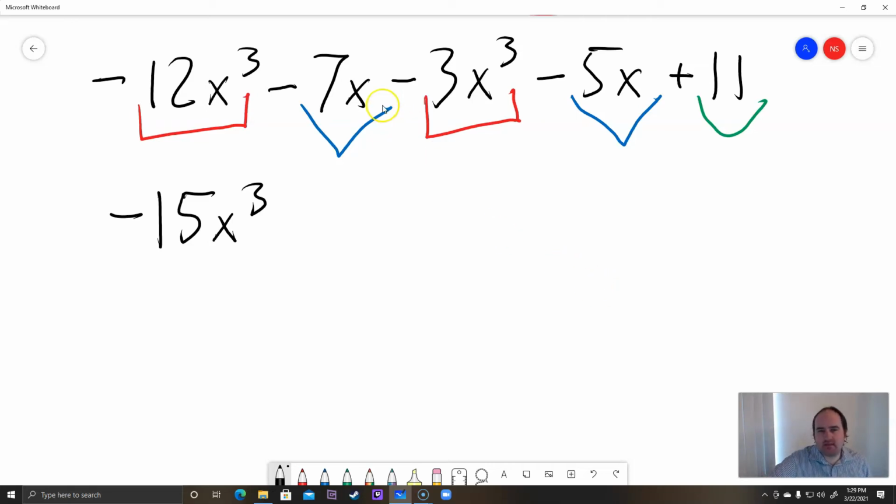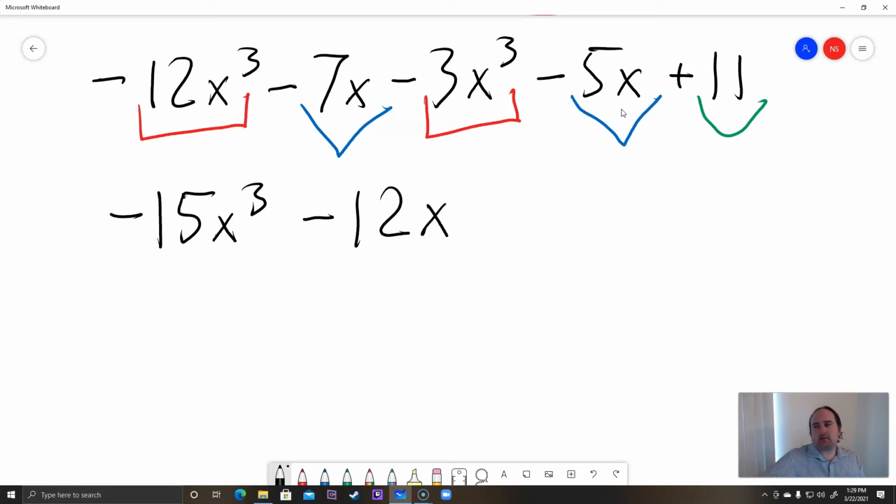Then we do the same thing with the x's. Negative 7 minus 5 is the same sign, so we keep the sign and add. 7 plus 5 is 12, so we get negative 12x.